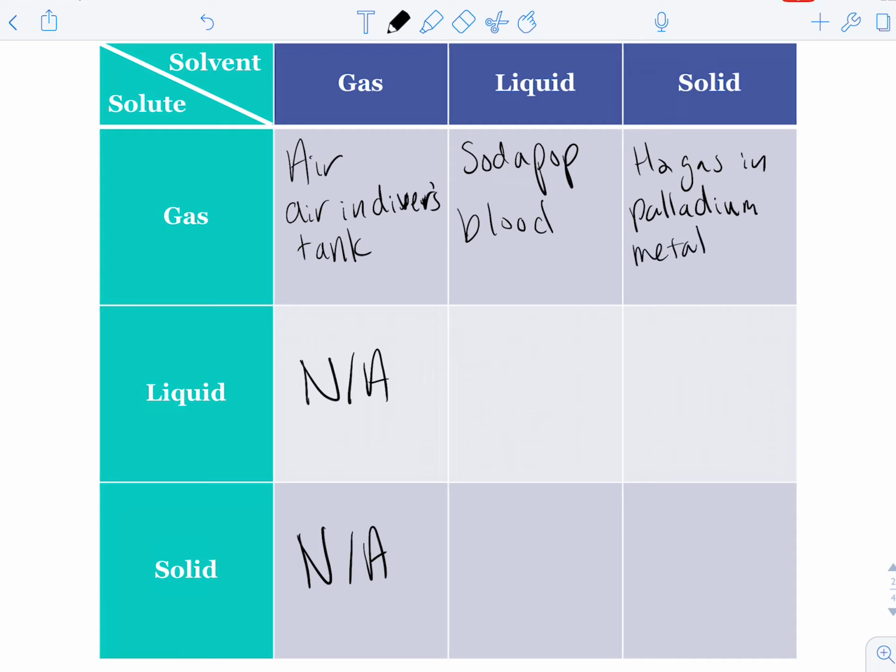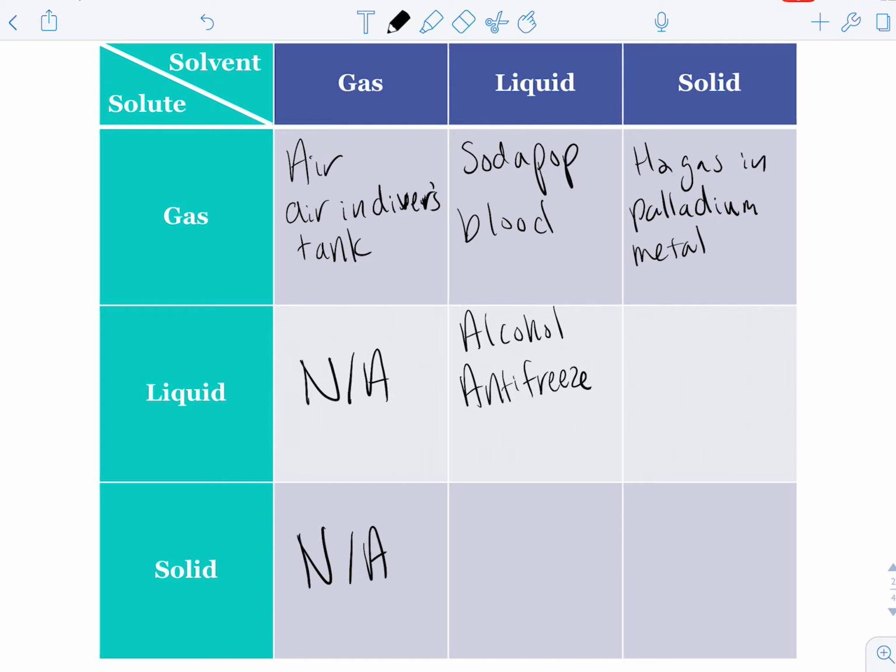If we want a liquid solute, there are several options for this. Alcohol, any alcohol. We usually have ethanol dissolved in water. Antifreeze is another example.